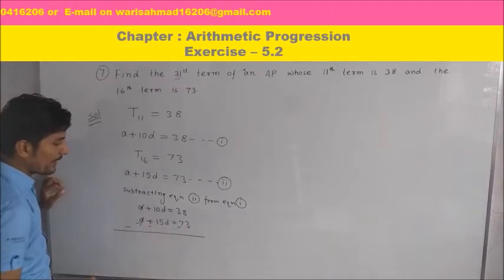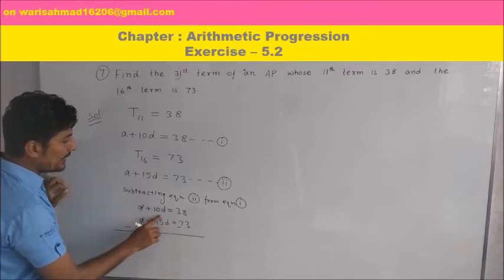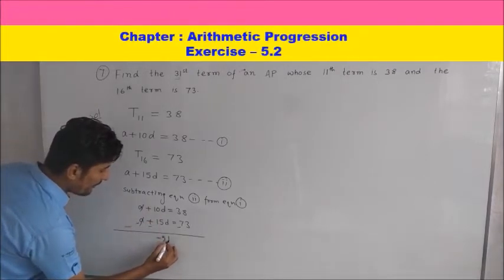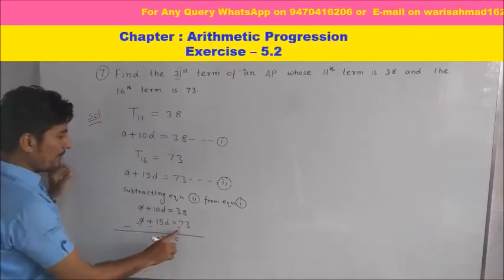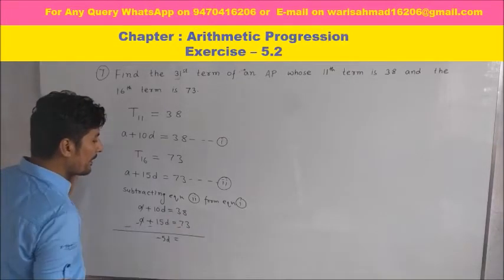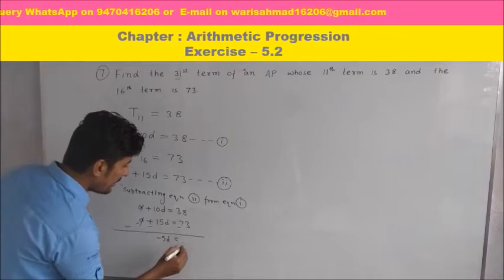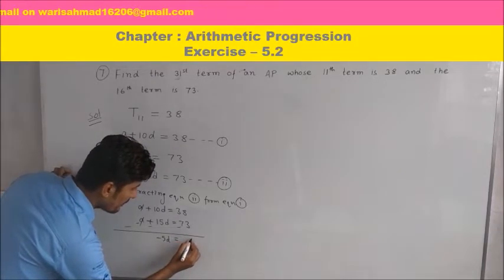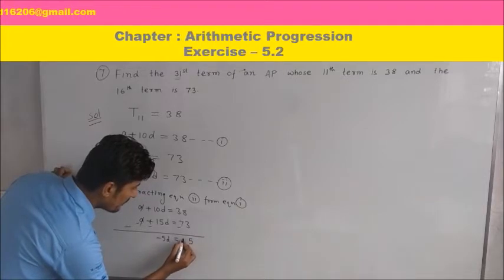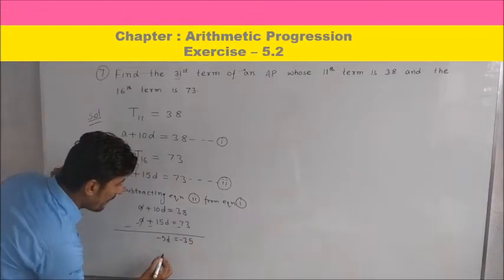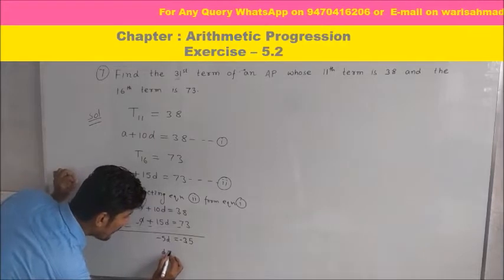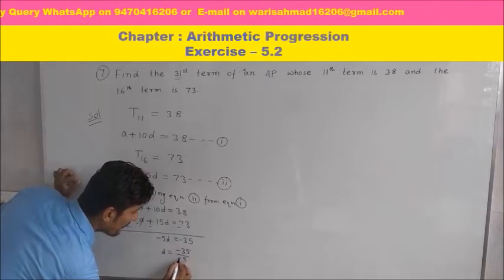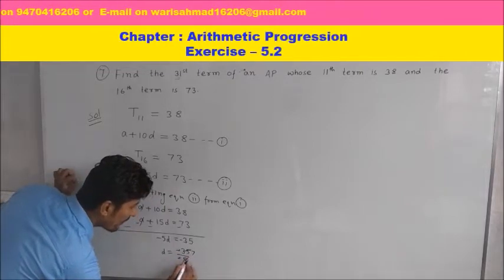Now A and A both will cancel. Minus 15D plus 10D equals minus 5D, equal to minus 73 plus 38, which is minus 35. So the value of D we can write as minus 35 upon minus 5. Minus minus cancel, 5 7s are 35.